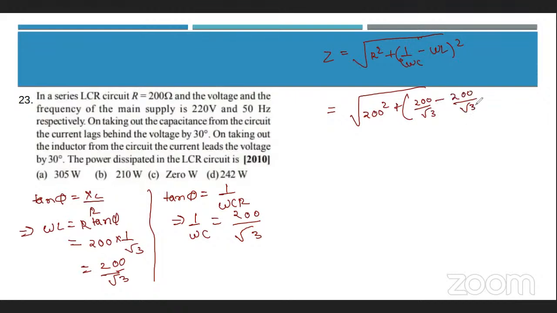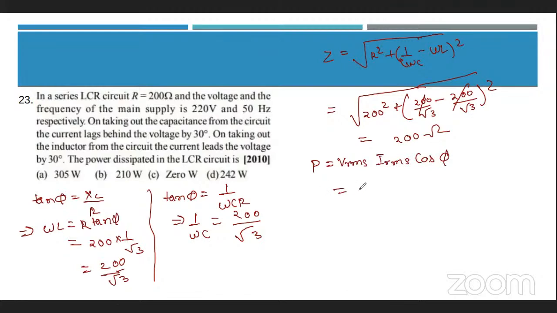This and this cancel each other, so this is nothing, this is 200, so it will come out as 200 ohm. So power will be equal to Vrms times Irms cos phi.